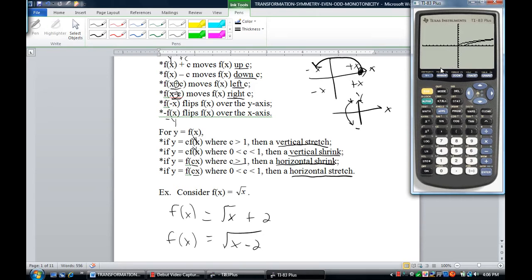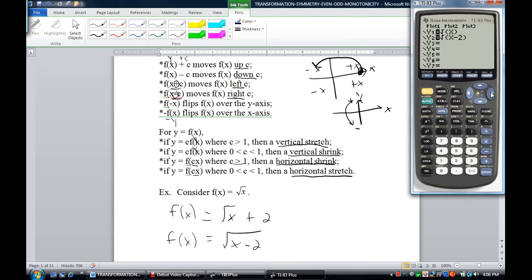So we're thinking, what is the x value that's going to cause the whole function to stay at 0? Well, what kind of 2 do we need to substitute in there to get a 0 for the answer? Well, if you think about it, we need a positive 2, because 2 minus 2 is 0. So we would expect to have the point 2, 0. Hence the reason for the opposite. That's what's going on.